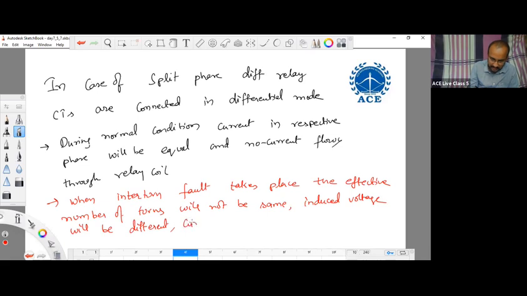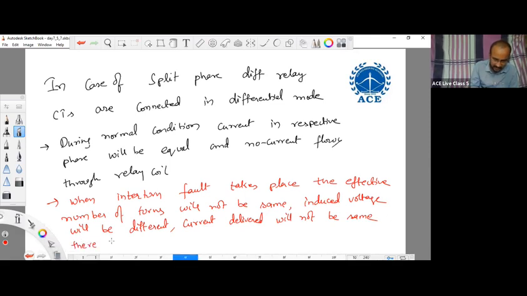So the current delivered will not be the same. The difference of the currents will flow through the relay coil, and the relay operates. This is nothing but the split phase differential relay operation.